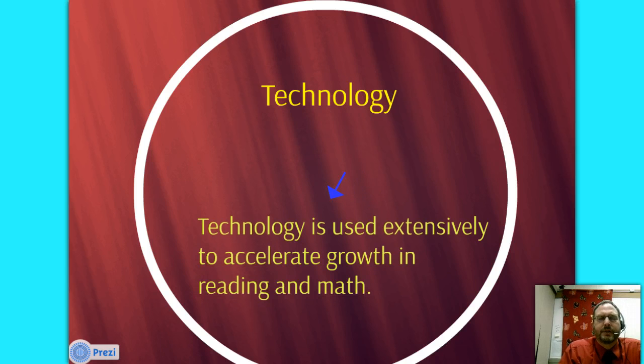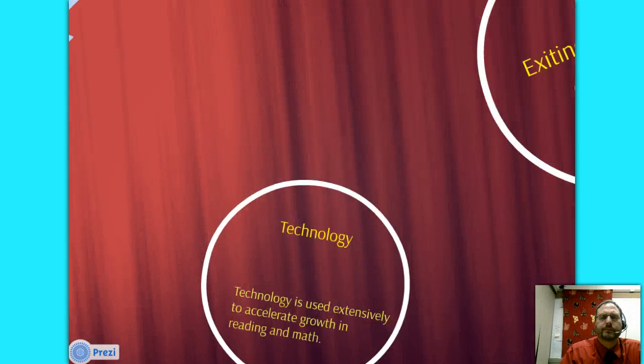Textbooks are really expensive, and so we don't allow kids to write notes in them and highlight in them. But now with moving to digital text, all that is becoming very feasible. So technology is exciting, kids are engaged by it, and it's a great way to increase their reading and math abilities.